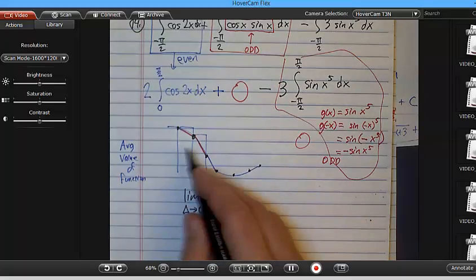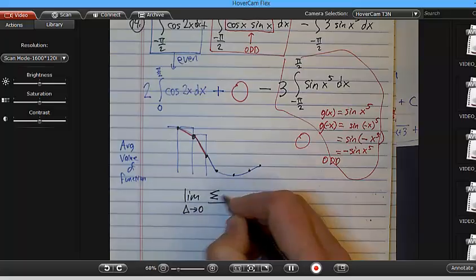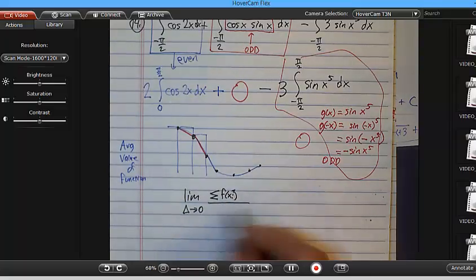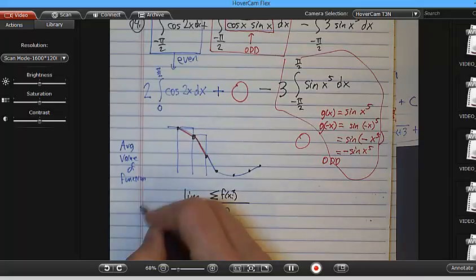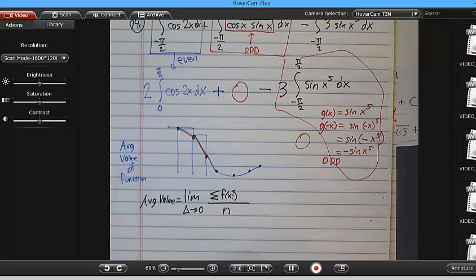And so the game was, we're going to add up a bunch of xi stars, but then divide by n. That's what I want, right? This is the average value. Well, that's almost what I have.